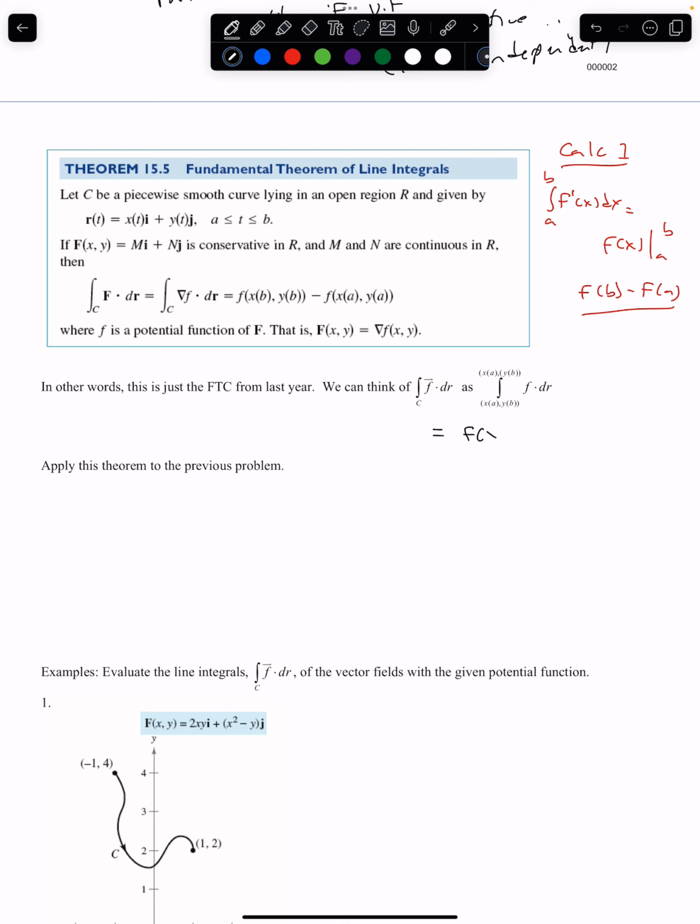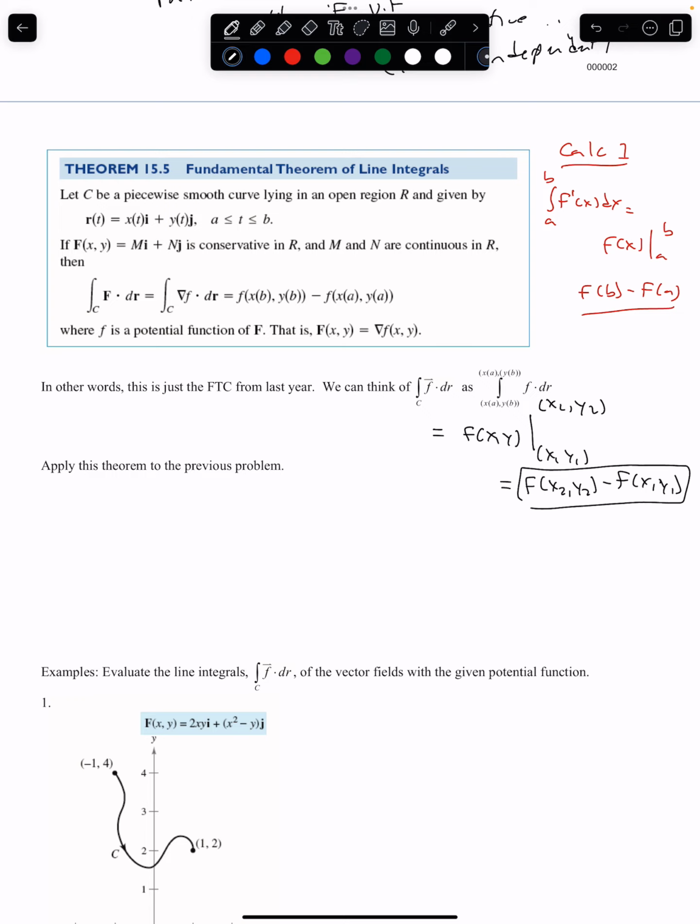We would get our function f of xy, and we can evaluate that from x1, y1 to x2, y2, and that's just going to give us f of x2, y2 minus f of x1, y1 right here.